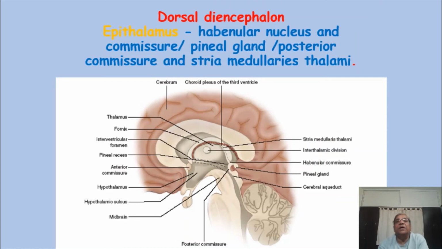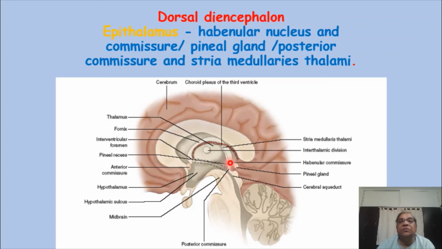The third part of the dorsal diencephalon, as I said, was the epithalamus, and it consists of the habenular commissure, which is the white fibers connecting the habenular nuclei. So this part, you see, the pineal gland is first located here. This is attached by a stalk on the posterior surface of the diencephalon, and it is part of the dorsal diencephalon.